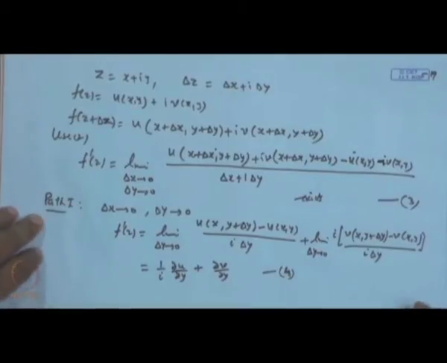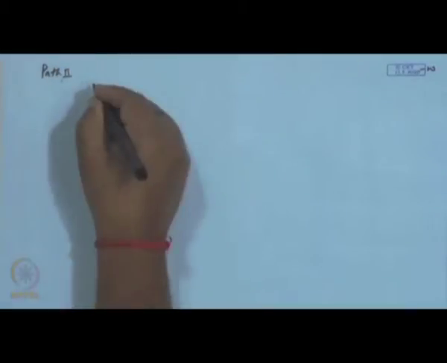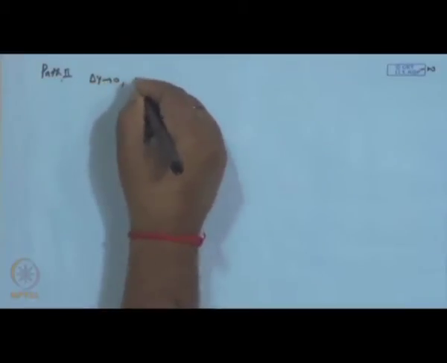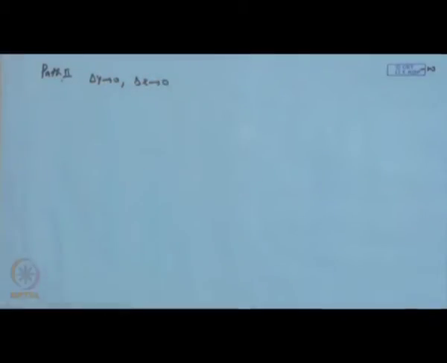Now, second path you choose. Suppose delta y goes to 0 first and delta x goes to 0 later on.